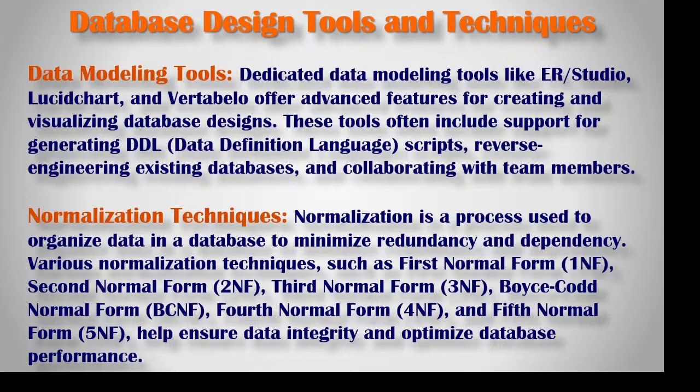Various normalization techniques, such as first normal form, 1NF, second normal form, 2NF, third normal form, 3NF, Boyce-Codd normal form, BCNF, fourth normal form, 4NF, and fifth normal form, 5NF, help ensure data integrity and optimize database performance.